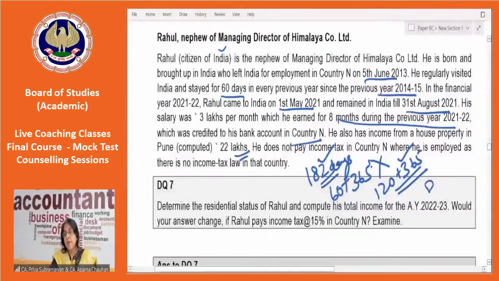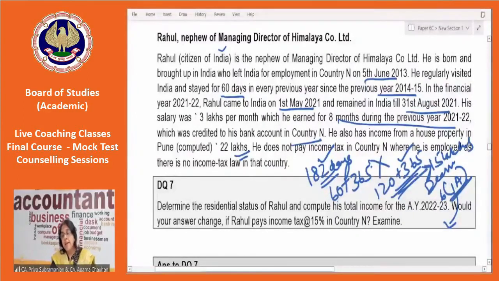Also, in case of a deemed resident, Section 6(1)(a) talks about the deemed residential status. In this case, he does not pay income tax in country N where he is employed, as there's no income tax law in that country. The 120-365 condition will also apply provided his total Indian income exceeds 15 lakhs. Indian income, not foreign income.